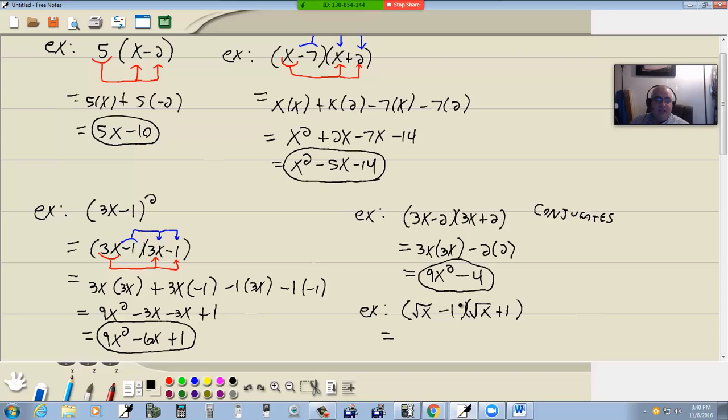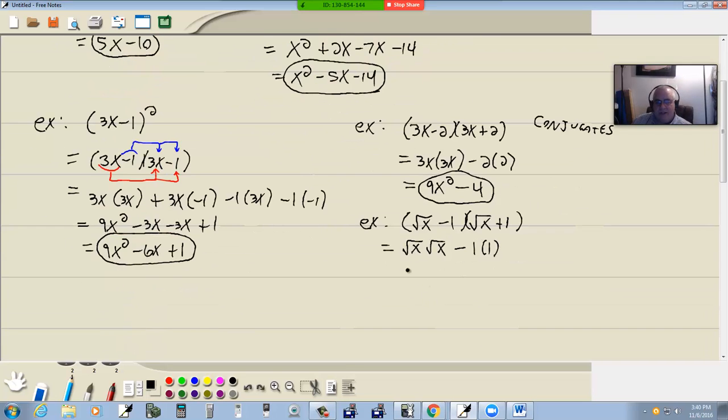The last parts are the same, 1 and 1, but the sign in the middle is different. This is a minus, this is a plus. Well, these are conjugates. So I can multiply the first parts together, square root of x times square root of x, and negative 1 times 1. Well, square root of x times square root of x gives us x, minus 1 times 1 is 1.